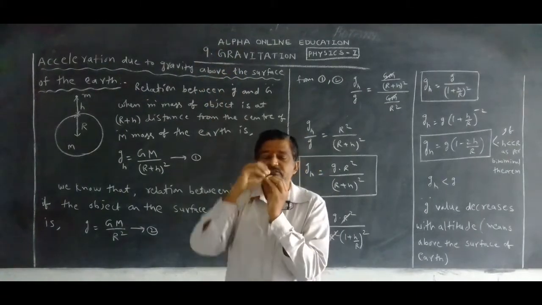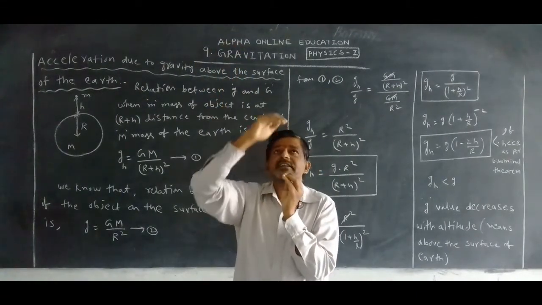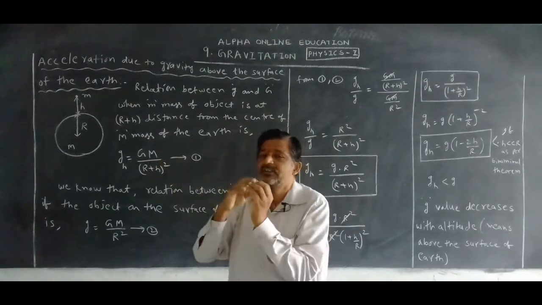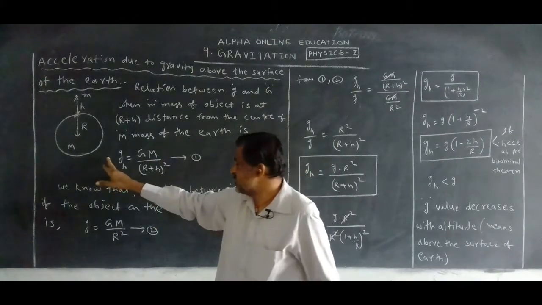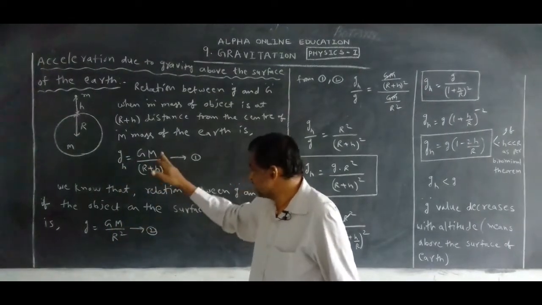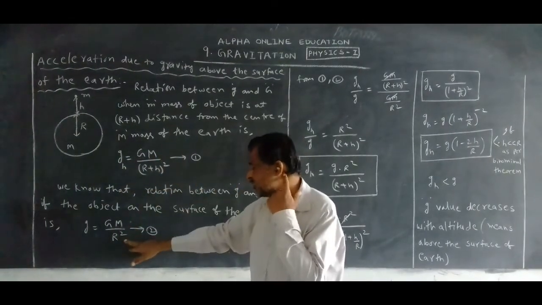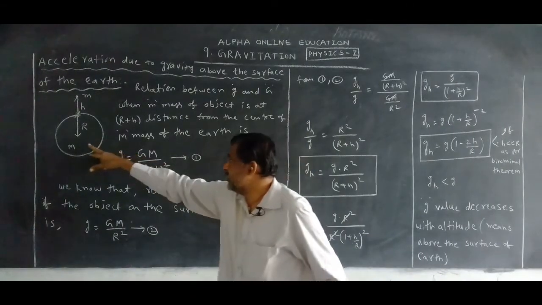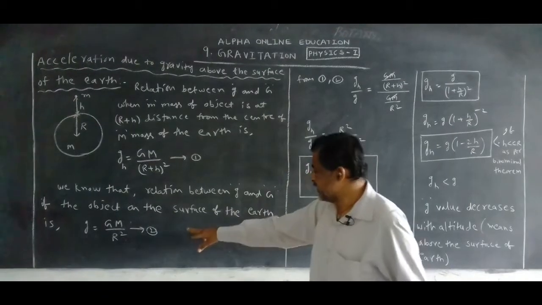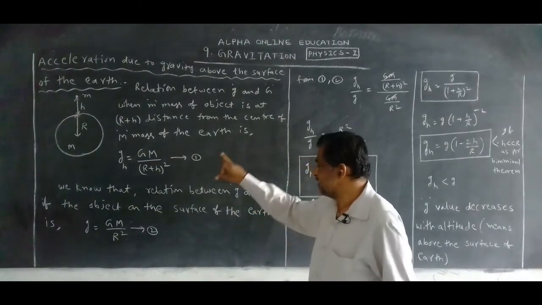When the object is above the surface of the earth at height h, it changes, and g_h also changes. The equation is g_h is equal to G as it is, M as it is, and instead of R we take R plus h whole square. Let us take equation 2 for the object on the earth, and equation 1 at h height.